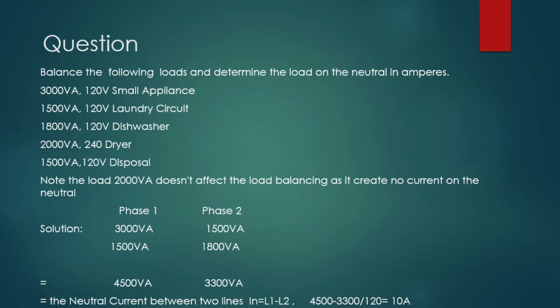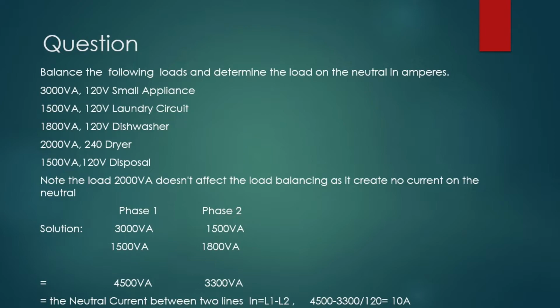All right, so let's look at the phases. So we have phase one and phase two. We put loads on phase one, 3000 VA and 1500 VA, and on phase two, 1500 VA and 1800 VA. So that is all taken from the appliance loads that are given in the problem.